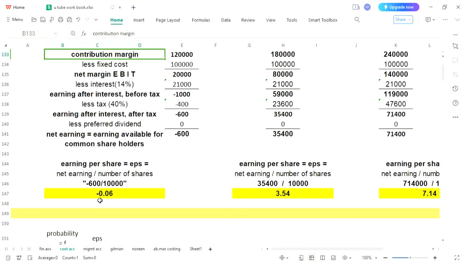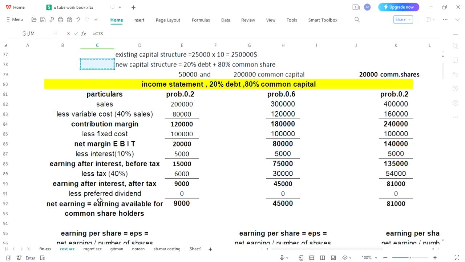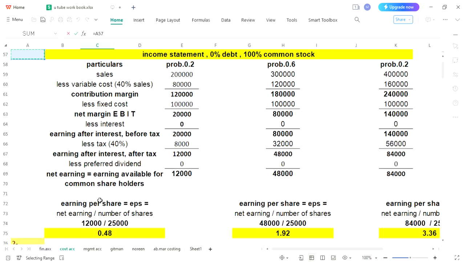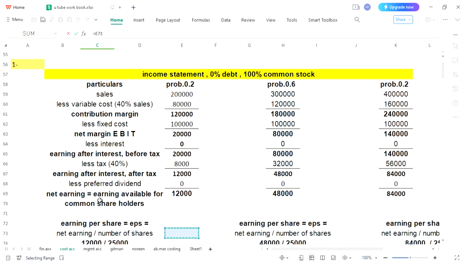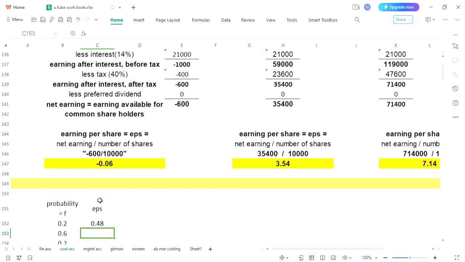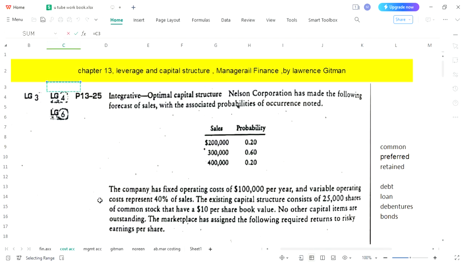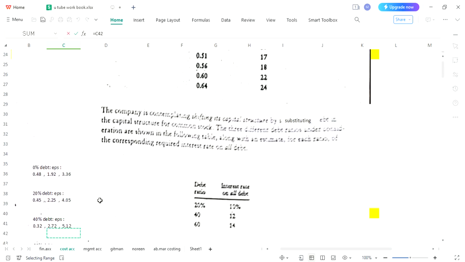look over here, we need to calculate for 20%. Come up and look over here, this is your first part, and for first part 20% probability is here and your EPS is 0.48. Understood? This EPS would be written in front of 20%, and then you will solve it for 60% as well. Again, do your practice well.